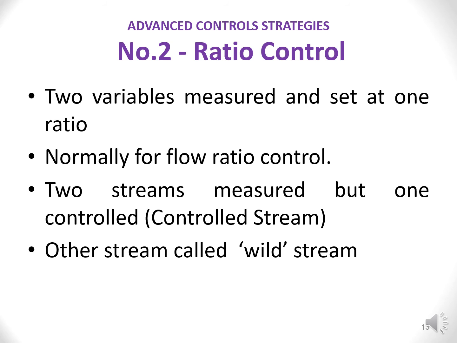So two variables are measured and set at one ratio for any system. A normal example is flow ratio control, which is quite common. To have ratios between two flows, we can use this ratio control strategy.